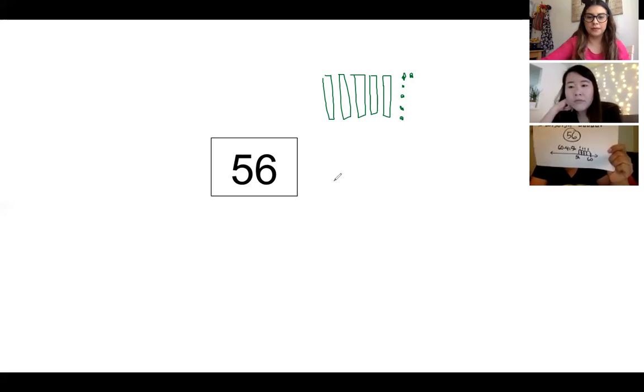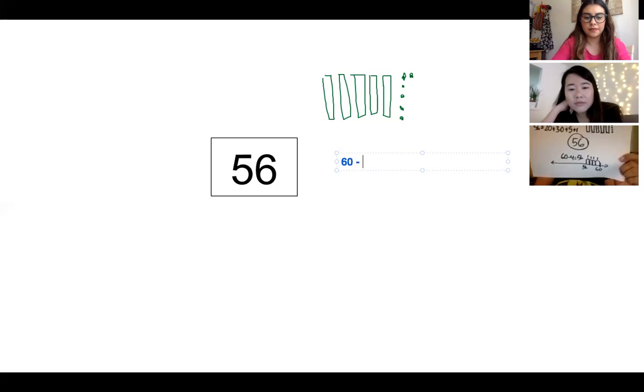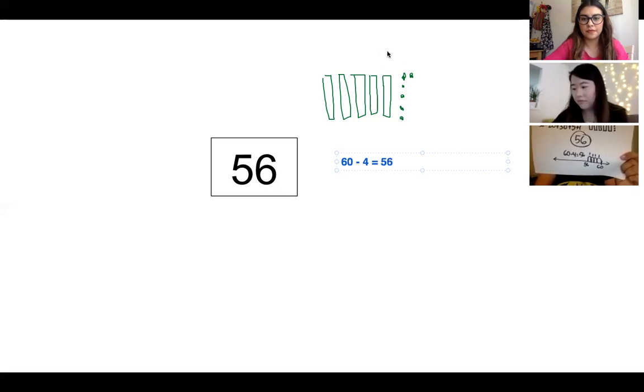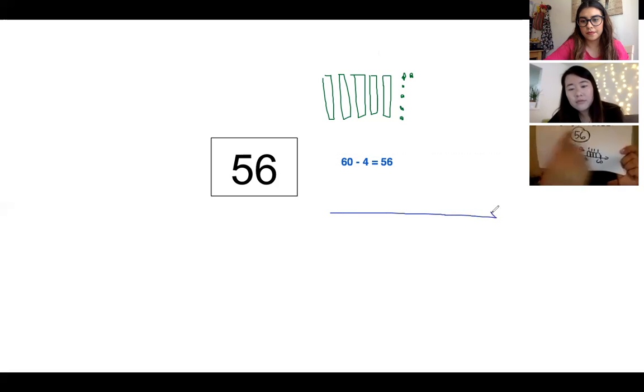Sure. So I did the number line and I looked at my 56 and thought to myself, well, what is the closest benchmark number? And when I think about benchmark numbers, I think about tens and fives. So I wanted to show 60 because that would be the next benchmark number higher.